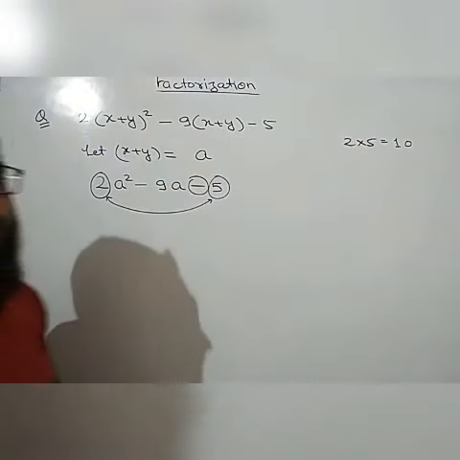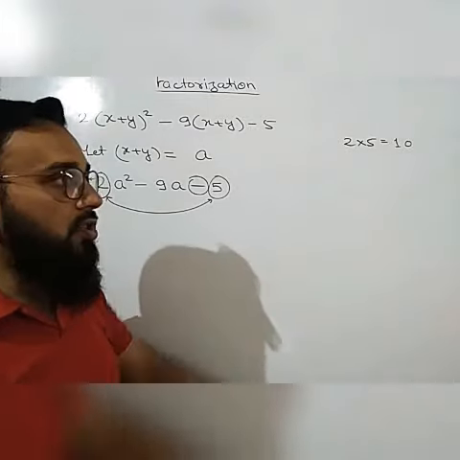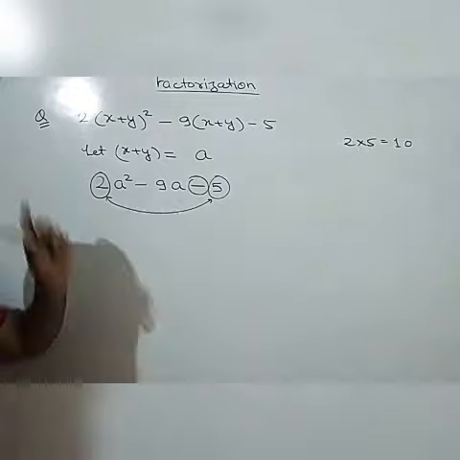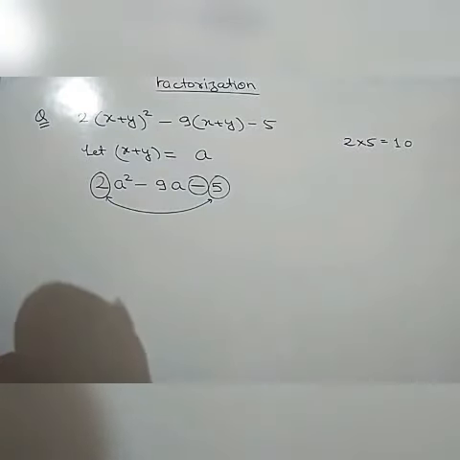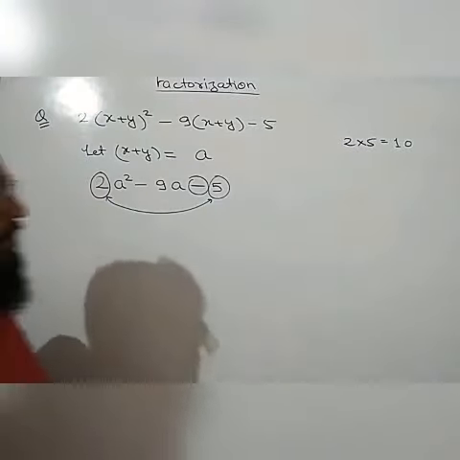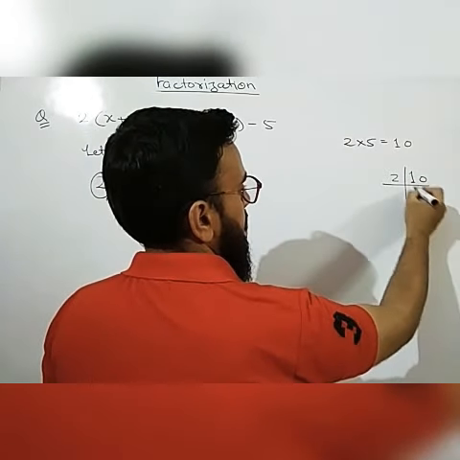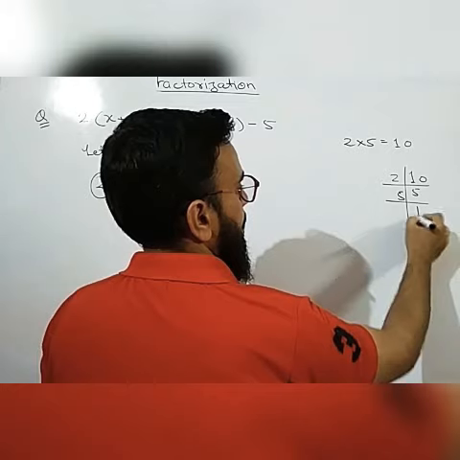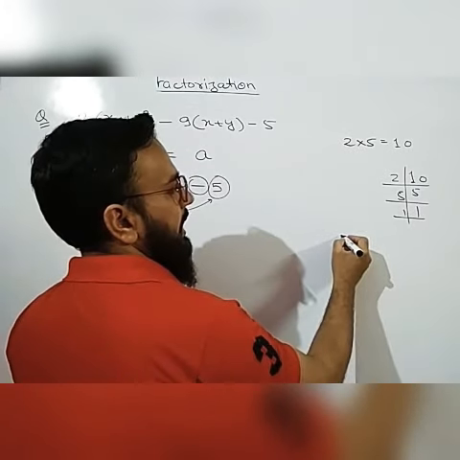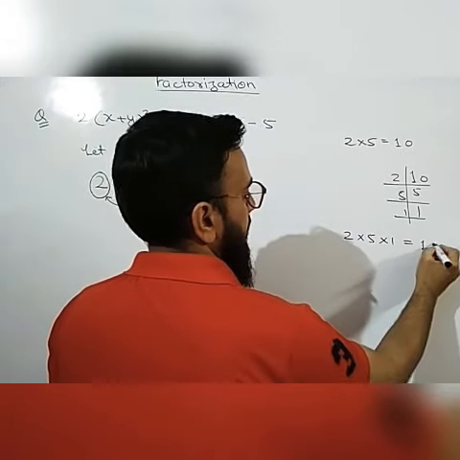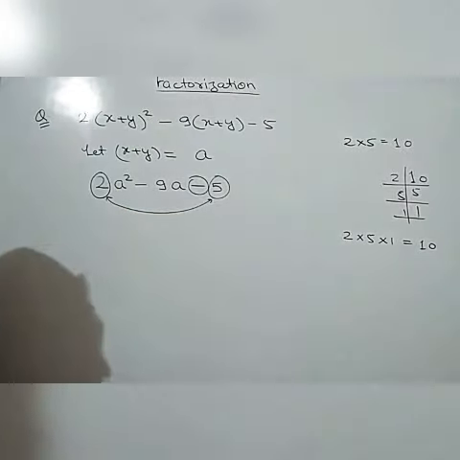It means we have to obtain such two numbers whose multiplication is 10 and whose subtraction is 9. So what can be those two numbers? If we factorize this 10, then it can be written as 2, 5 and 1. It means we can write 10 as 2 into 5 into 1 is equal to 10, because 1 is a factor of all the numbers.